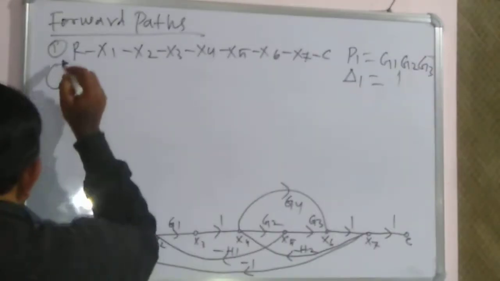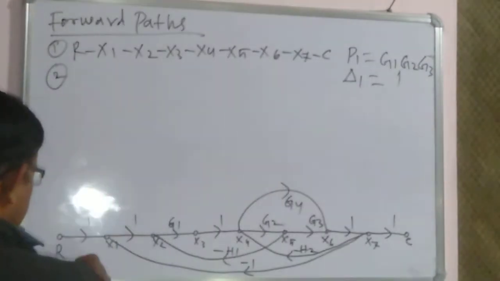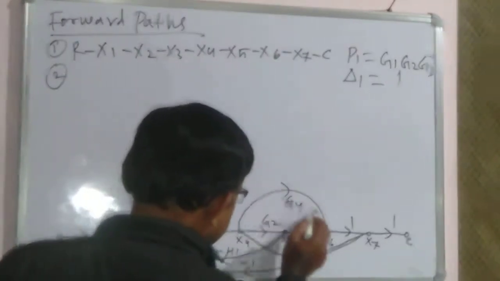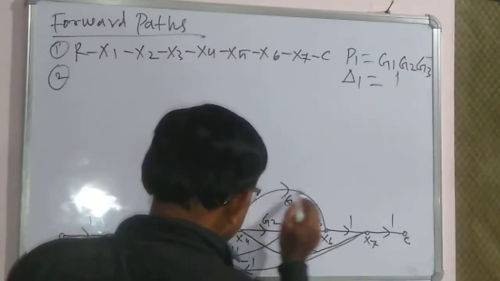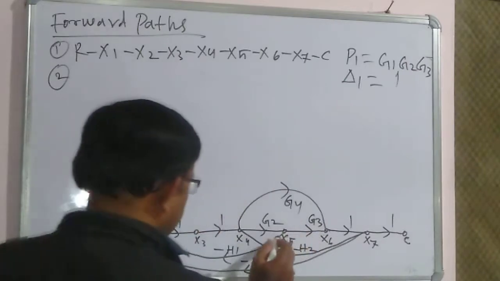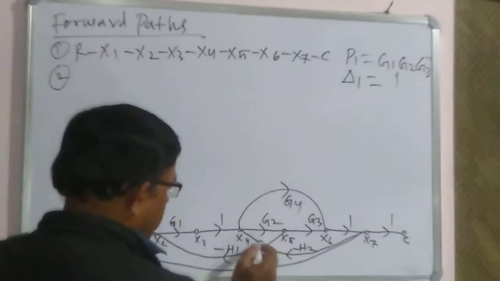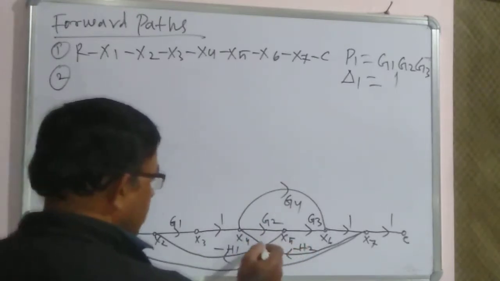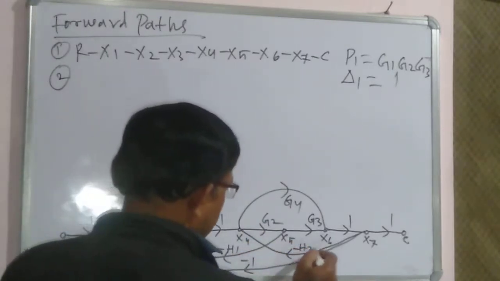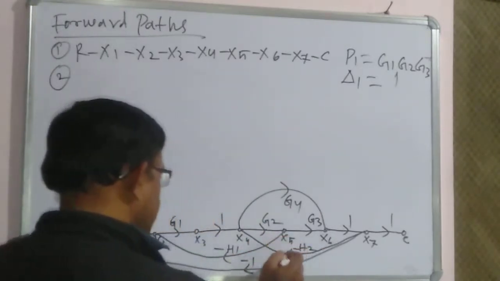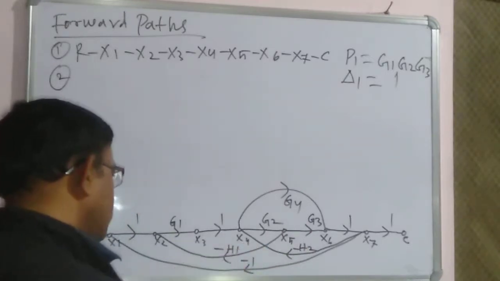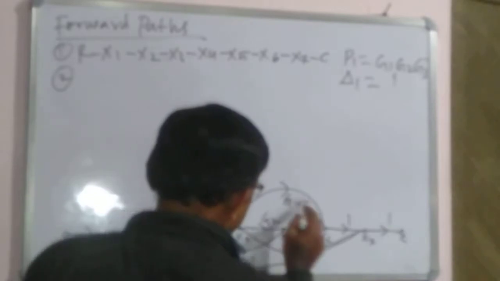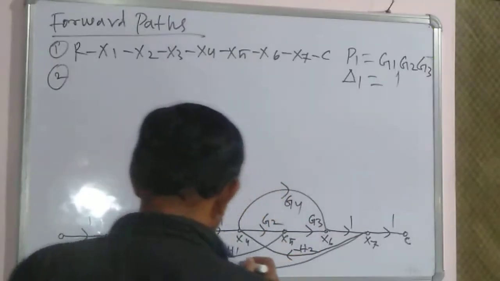Similarly, we can find another forward path: R, x1, x2, x3, x4, x6, x7, C. This is not a forward path because the direction is opposite. As I already told, the signal can flow only in one direction, not bi-directionally, therefore we can move in this branch only.